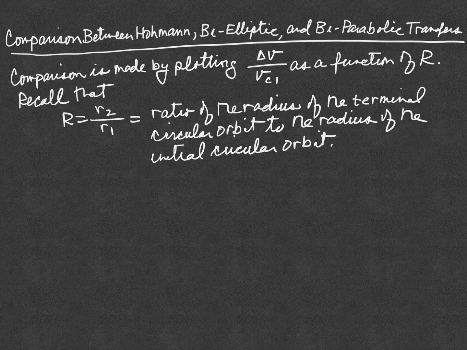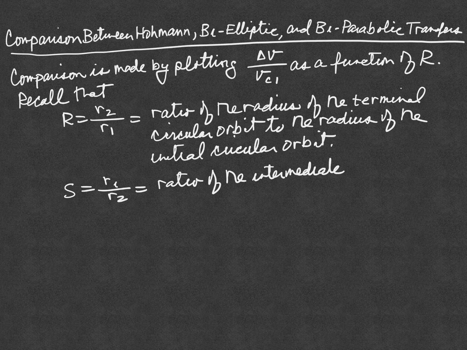Also recall that S is equal to Ri over R2, the ratio of the intermediate apoapsis distance, or apoapsis radius, to the radius of the terminal circular orbit.